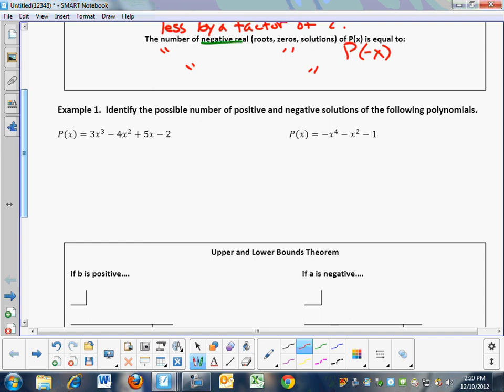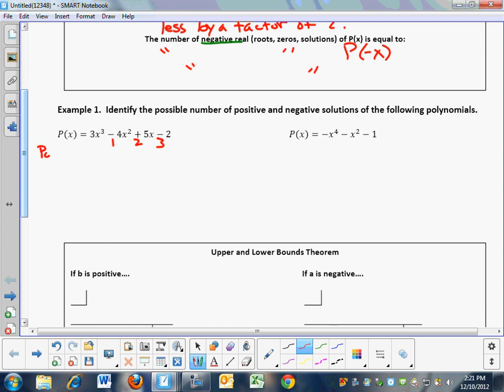So look, do I switch sign from positive to negative from this spot to this spot? Yes. I switch. So that's one sign change. Do I switch from this spot to this spot? Yes. So that's a second sign change. Do I switch from this one to this one? Yes. That's a third sign change.